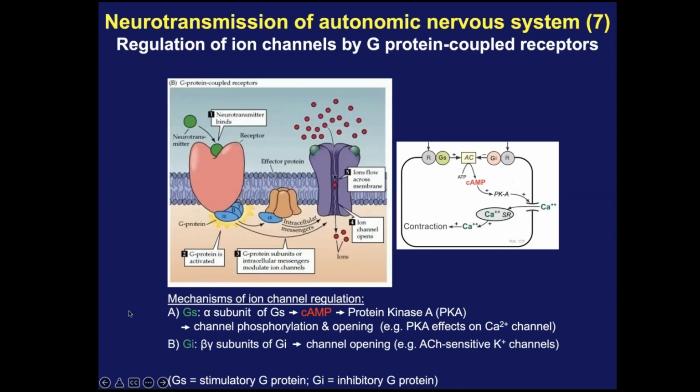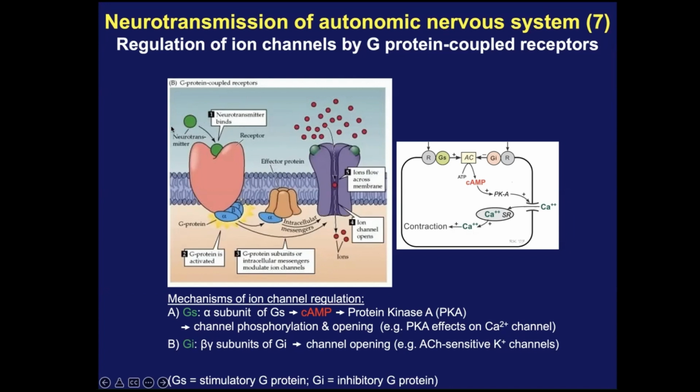In the second mechanism, which is found in the GI protein, as we said, I means inhibitory. In this case, the beta gamma subunits can directly interact with the target ion channel, leading to the opening of the channel. This mechanism is found in the acetylcholine sensitive potassium channels, for example, in the pacemaker tissue of the heart.